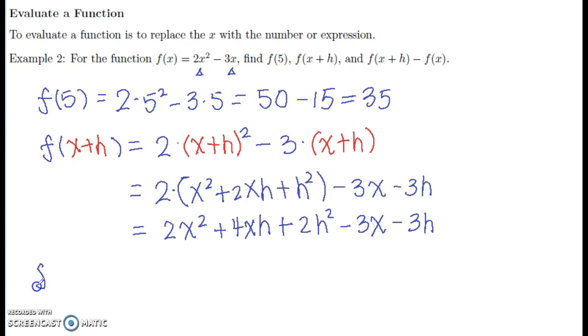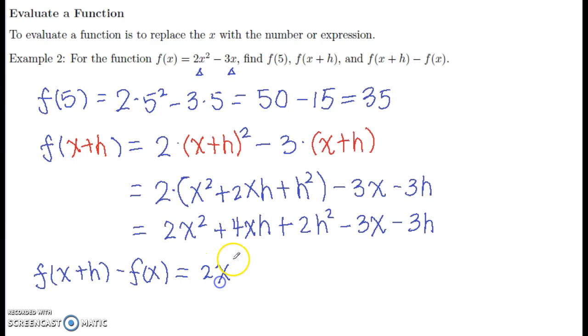Next, we evaluate f of x plus h minus f of x. We already have f of x plus h, so we just need to subtract that entire expression by f of x.